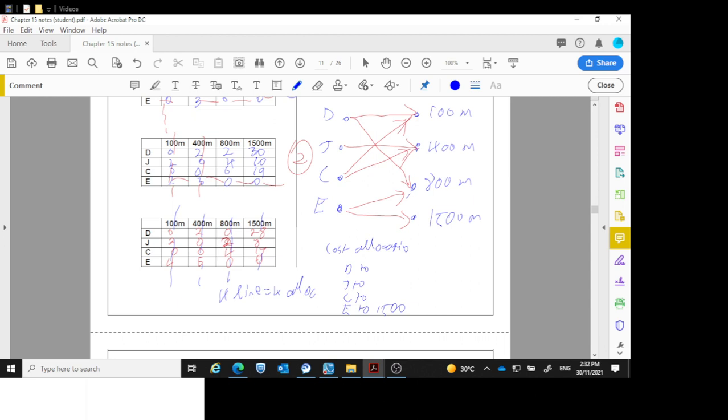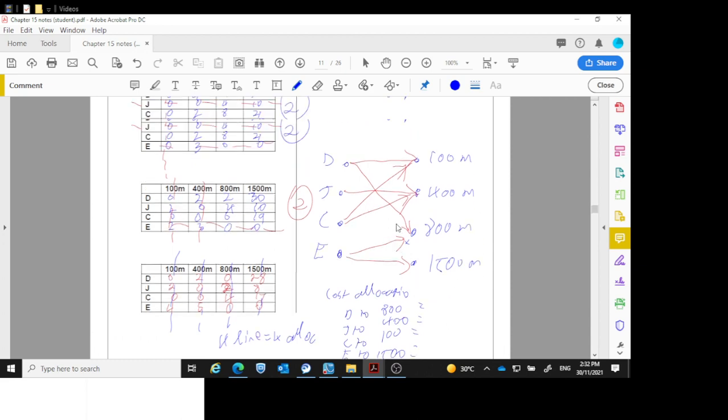So 800 meters has to be D. C can go to 100 and 400, and J can go only to the 400. So we keep J at the 400, which means C has to go to the 100.